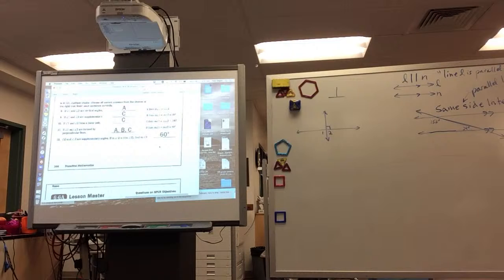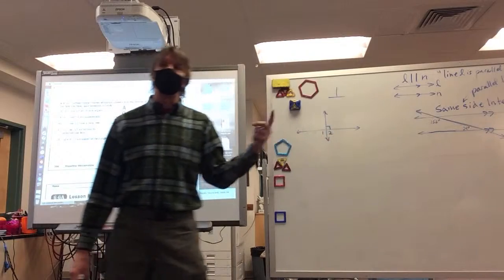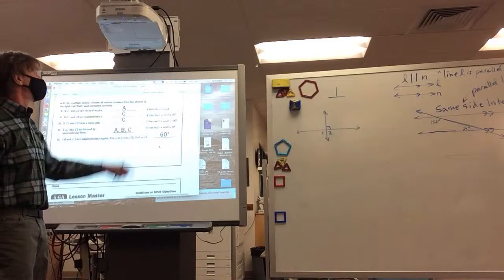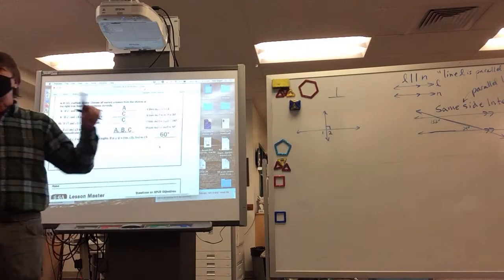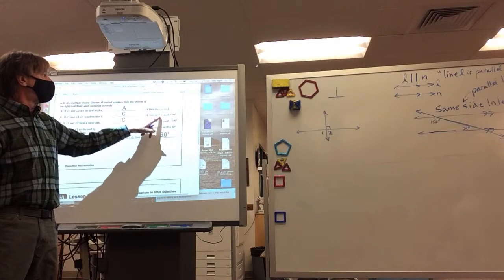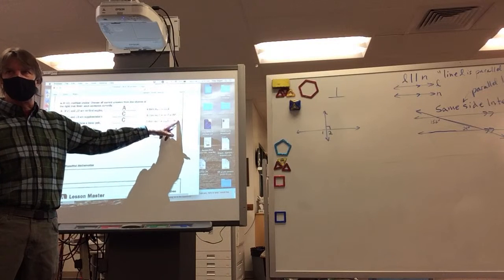You gotta commit louder. 180, yeah. So when you have perpendicular lines, all 4 of these angles are gonna be 90 degrees. So that's true, so that's letter C. How about the measure of angle 1, is that equal to the measure of angle 2? Yes, so that's letter A, they're both 90 degrees. And the measure of angle 1 is equal to the measure of angle 2, and that's equal to 90 degrees.